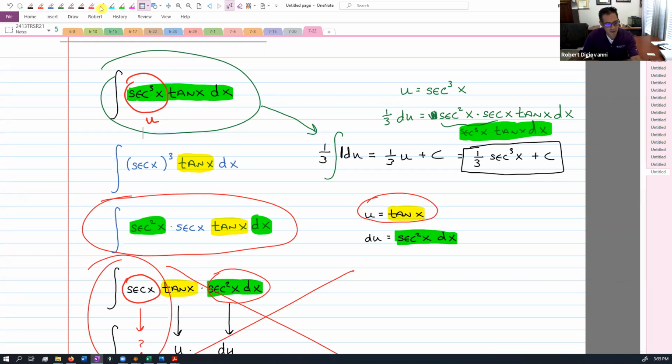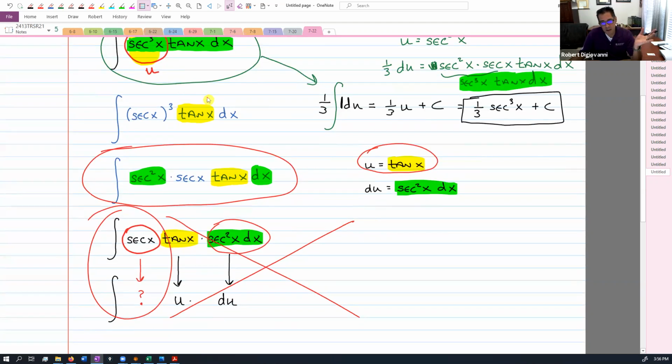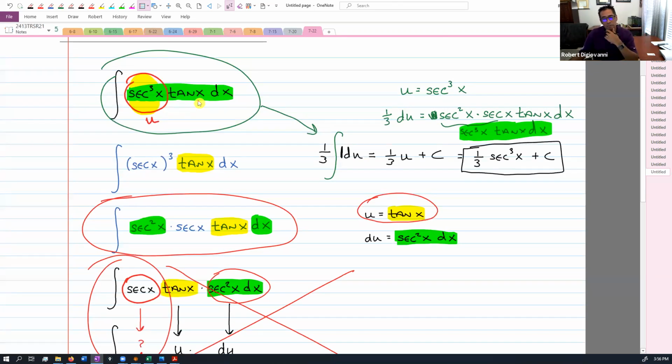So most of the time that would turn people away from doing that substitution. But you just did it and said, I'm going to go with it. And it turned out that this right here actually matched perfectly with the whole expression. So it worked. Now it won't always be that way. Just for this problem, it worked.